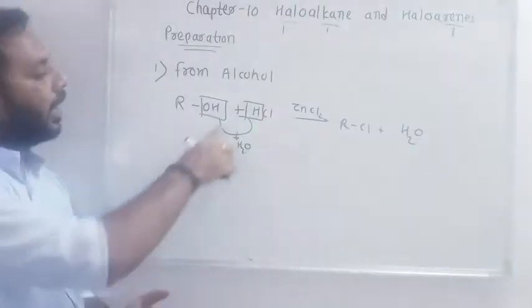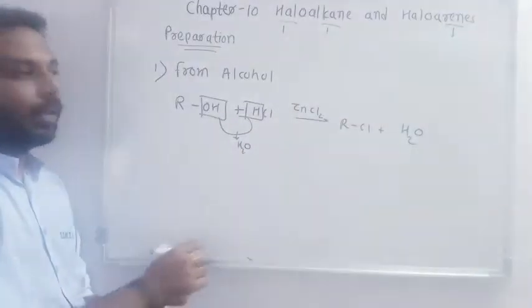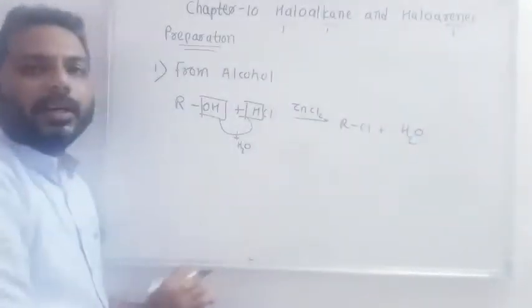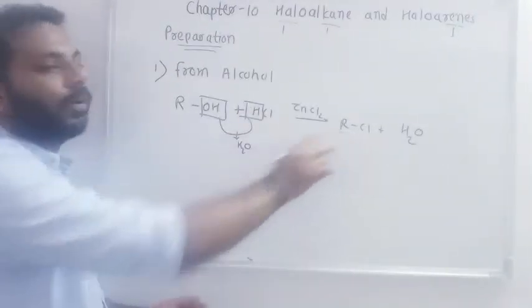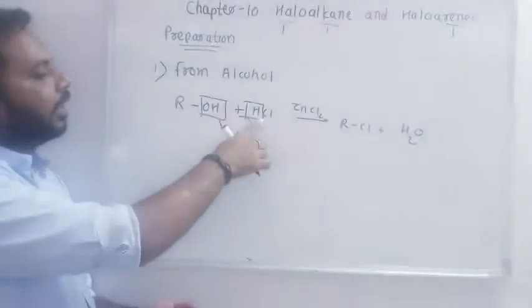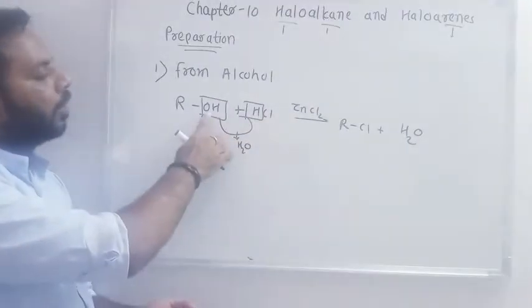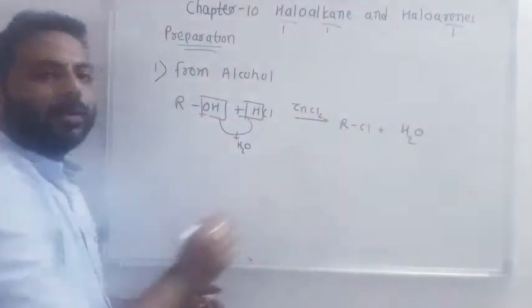So HCl reacts with alcohol in presence of ZnCl2. A molecule of water will be released and we will get haloalkane. The acid will donate H plus, which with OH from alcohol will form H2O, and alkyl plus halogen will form haloalkane.